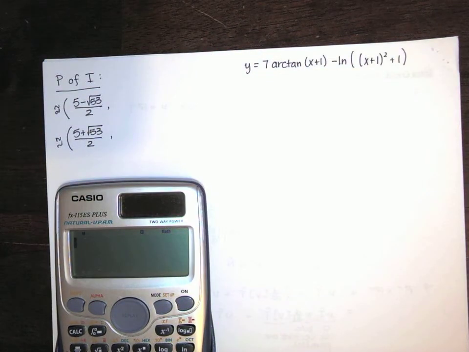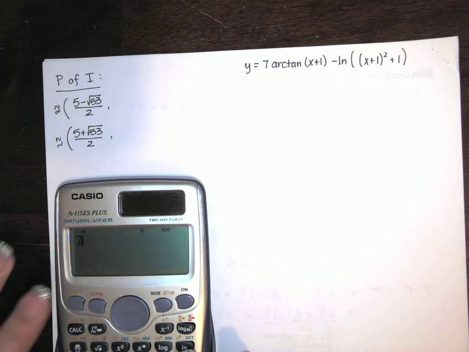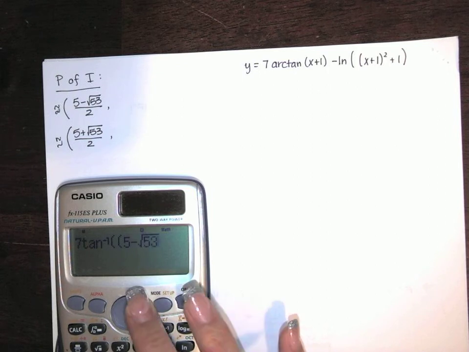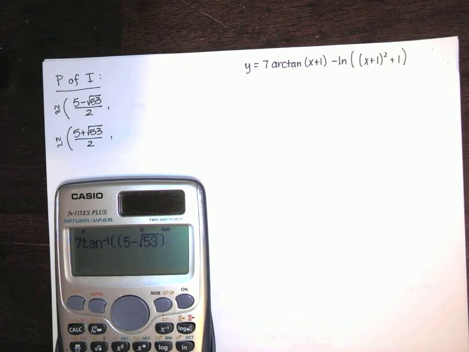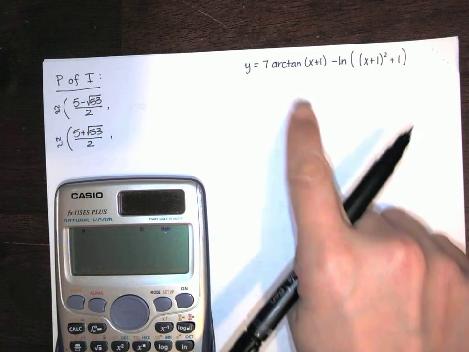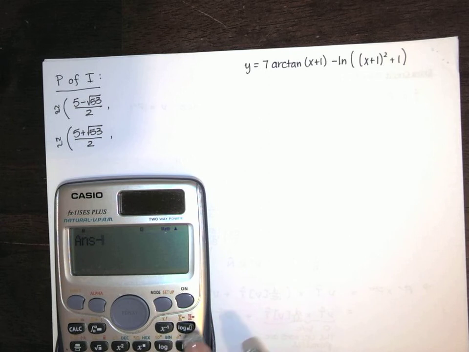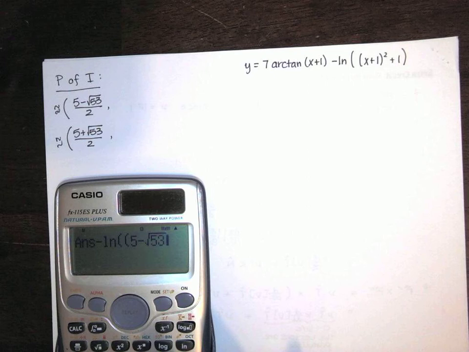So we have 7 times the arctangent of x, which is, open parentheses, 5 minus square root of 53, close parentheses for the numerator, divided by 2, plus 1. That's the 7 arctangent part, minus natural log of, open parentheses, 5 minus root 53, close parentheses, divided by 2.